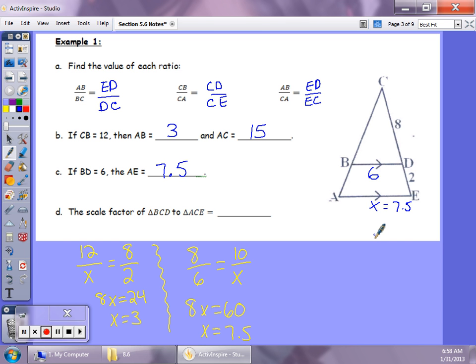The last thing we're going to do with this example is find the scale factor of triangle BCD. BCD is the smaller triangle to triangle ACE, which is the larger triangle. Remember that the sides are going to be proportional.